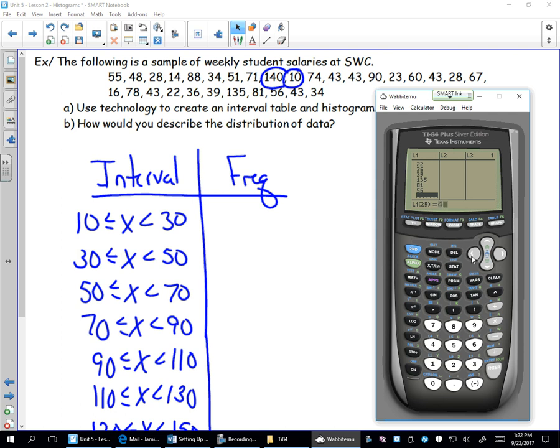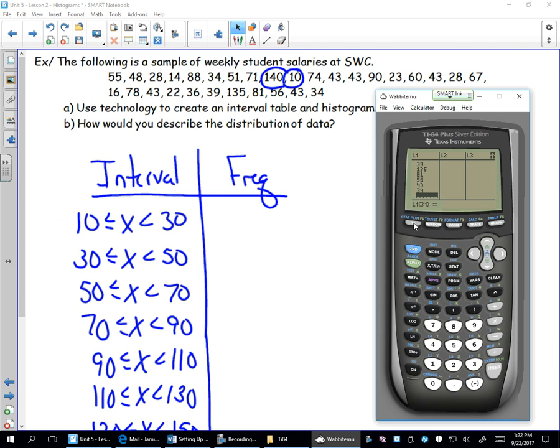Sorry, 43 and 34. Okay, so there's 30 pieces of data. I'm going to count them just to make sure. There's 30 pieces of data. The 31st is blank, so I'm good to go.